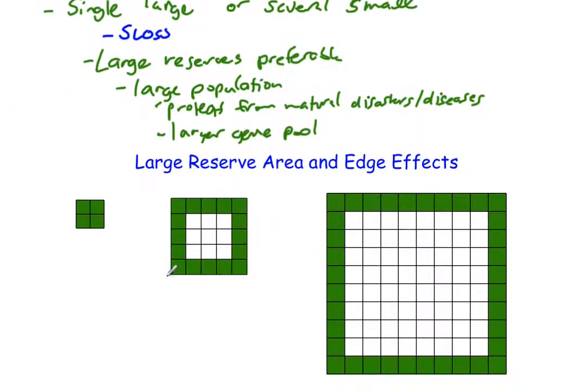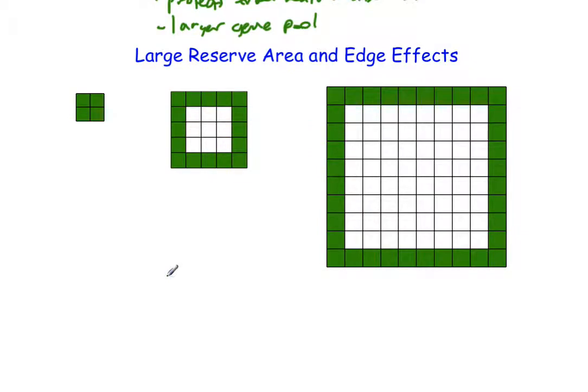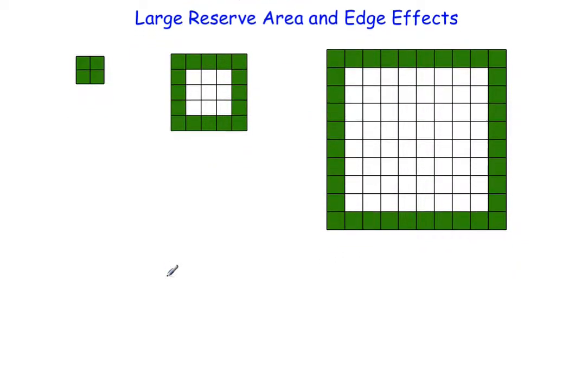Okay, so another one of the features that is helped out by having large reserves refers to the edge effects. Edge effects in terms of a nature reserve refers to the ecology on the edge of a particular ecosystem.